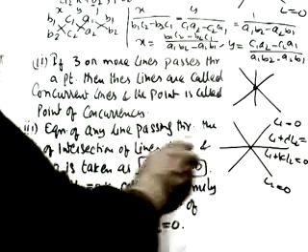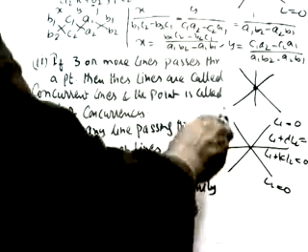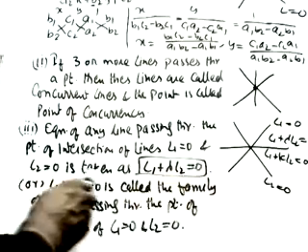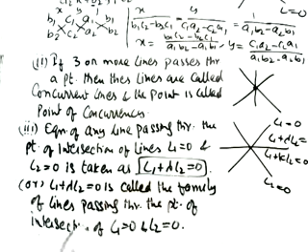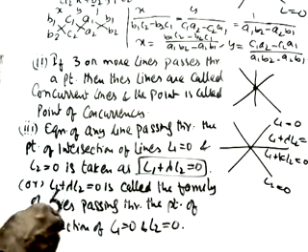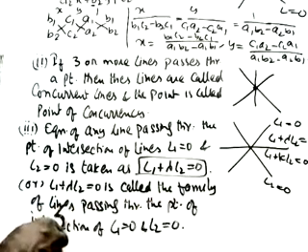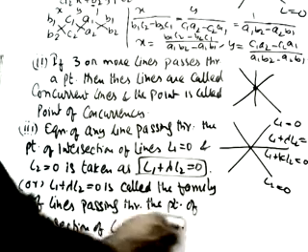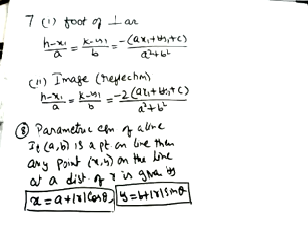So the equation of any line passing through the point of intersection of L1 equals 0 and L2 equals 0 is taken as L1 plus lambda L2 equals 0. We can also say L1 plus lambda L2 equals 0 is called the family of lines passing through the point of intersection of L1 equals 0 and L2 equals 0.